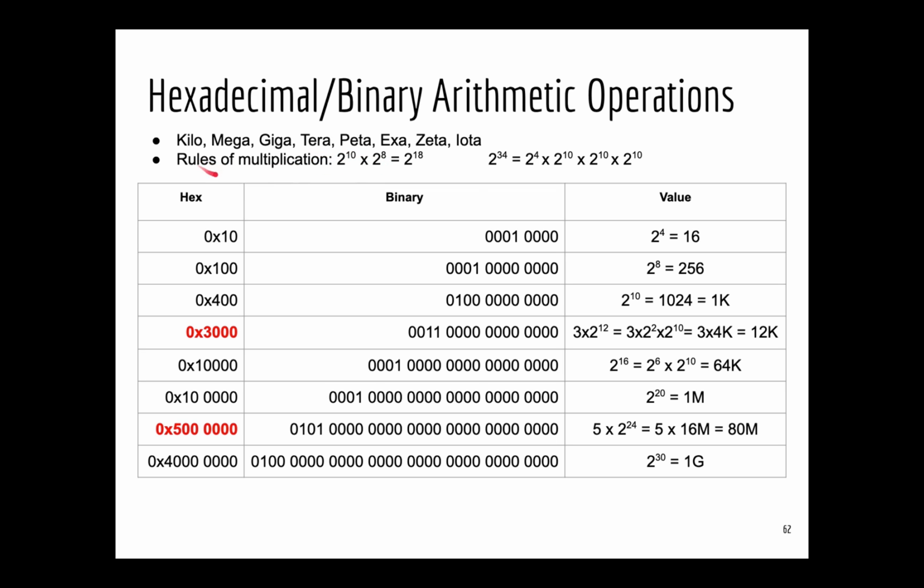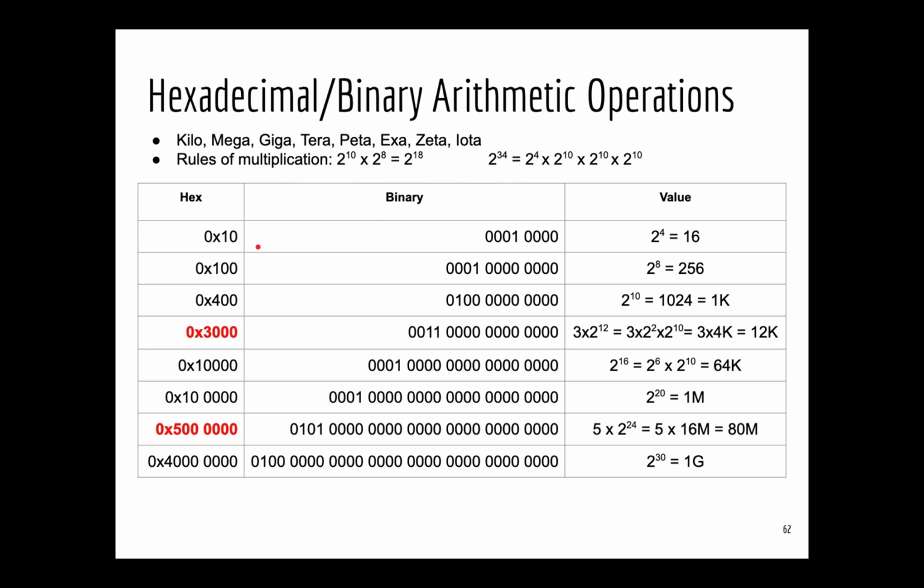By the rule of multiplication for numbers with exponents, you just add the 2 exponents together to get 2 to the 18. This is also useful when you try to break up a large number into its smaller constituents. Here I have 2 to the 34 on the left-hand side, and if I break it up into smaller values, I will get 2 to the 4 and 2 to the 10, 3 times.